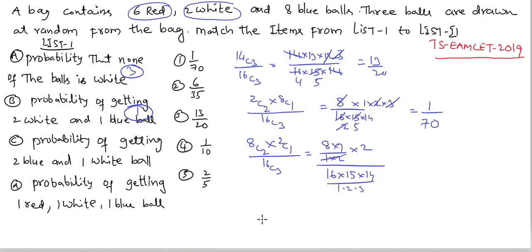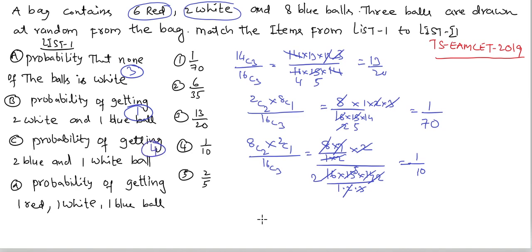So 8 2 times cancel, 7 2 times cancel, 2 cancel, 3 5 times cancel, is equal to 1 by 5 into 2, that is 1 by 10. So C is mapped to fourth.